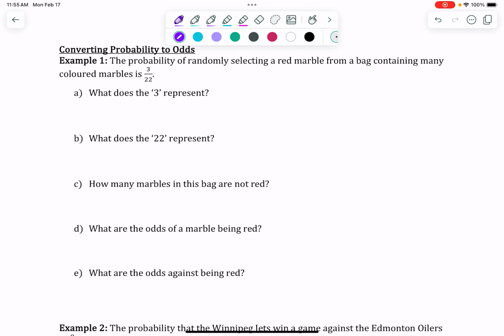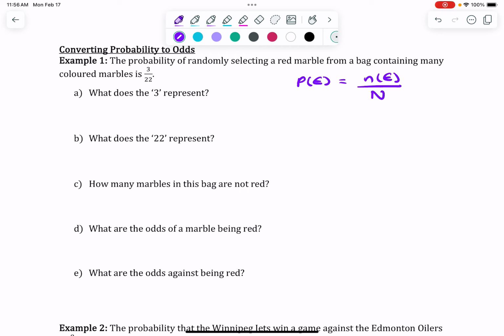We're given that the probability of randomly selecting a red marble from a bag containing many colored marbles is 3/22. Now remember, my probability formula is equal to the number of favorable events over the total number of possible outcomes.